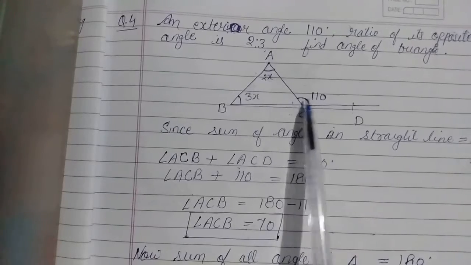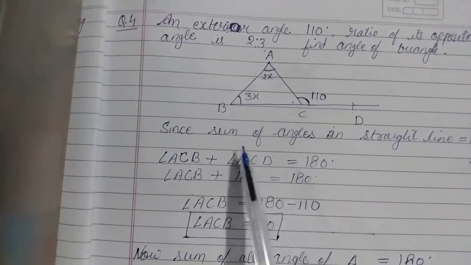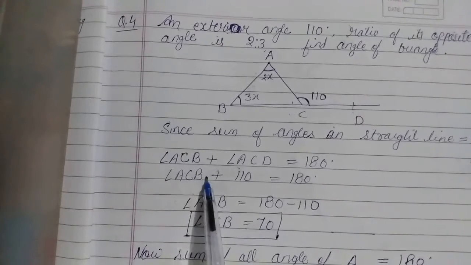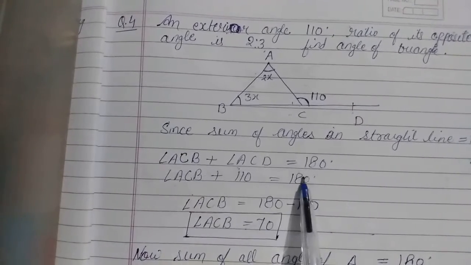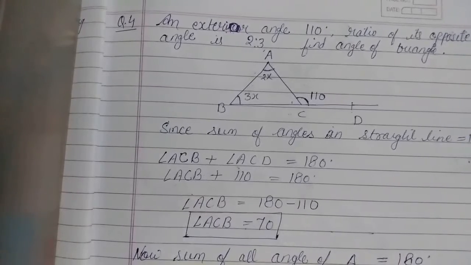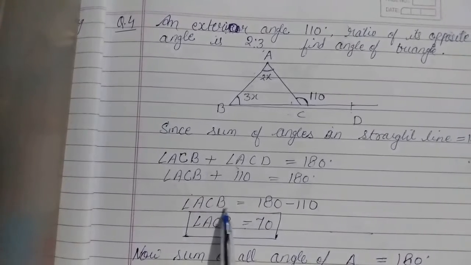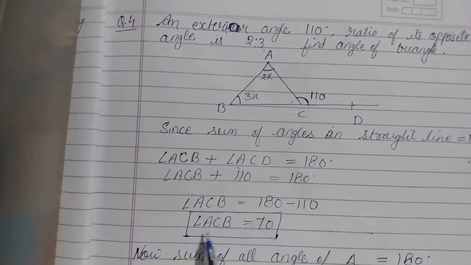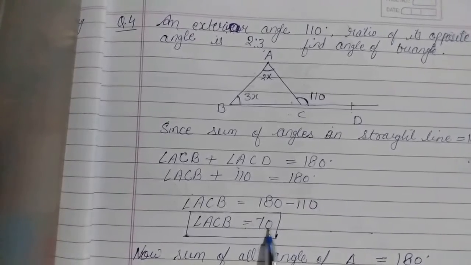Now ACD is already given, that means 110, so we will put ACD is equal to 110. Now angle ACB is equal to 180 minus 110, so ACB is equal to 70 degrees.